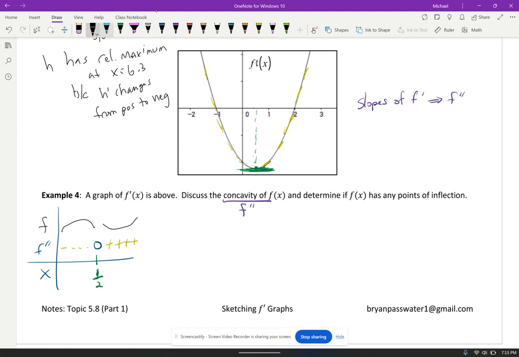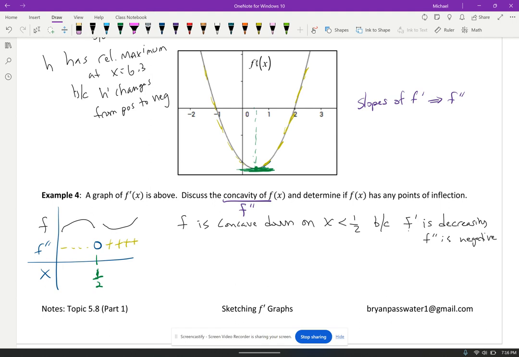So we can say f is concave down on the interval for x's that are less than 1/2 because f prime is decreasing, which means f double prime is negative.